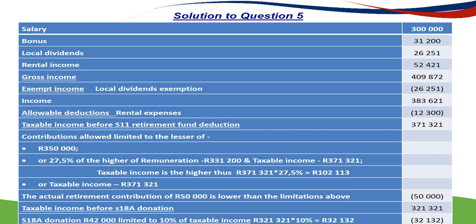Taxable income is the higher, therefore we use that one. And then the third option is taxable income before the capital gains tax. Therefore, you will notice that taxable income of 371,321 equals this option.